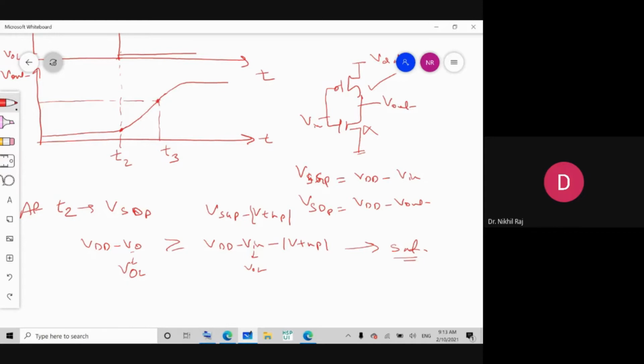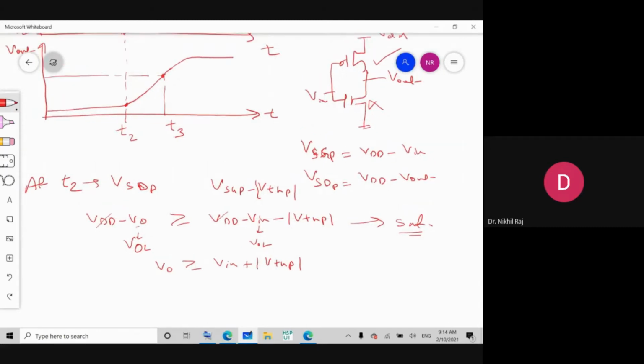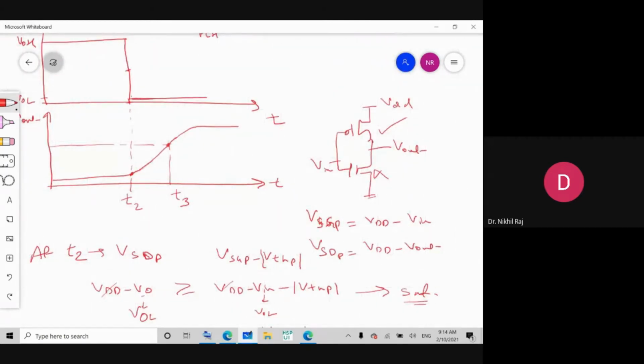Now, what are the restrictions? If we try to solve this equation in terms of V out or V in, this VDD will cancel out. Taking the minus sign common, V out should be V in plus mod of VTH of P. Here V out is changing, but V in is constant at VOL.